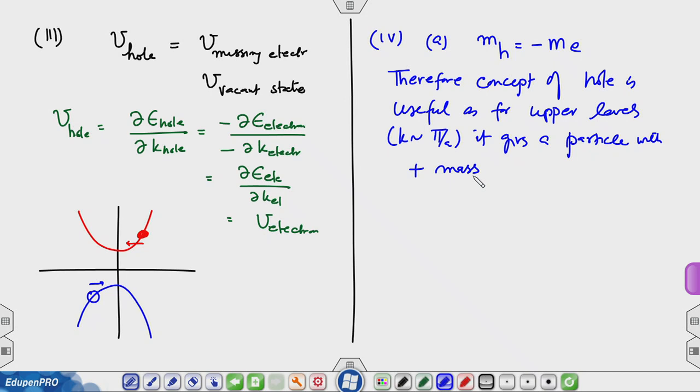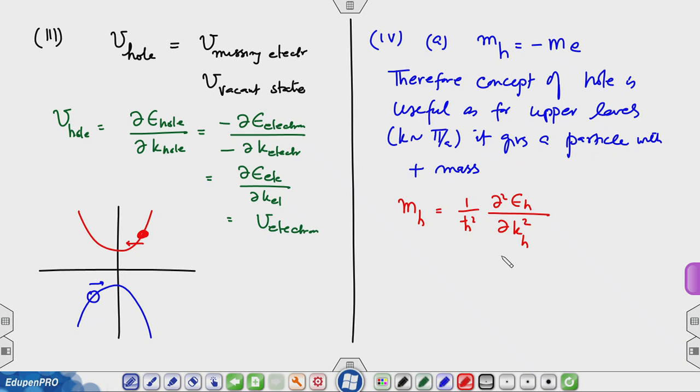How does that come about? Mass of the hole is going to be equal to 1 over h cross square d 2 epsilon hole by d k hole square. This is also related to how it responds to electromagnetic field, but these are coupled.